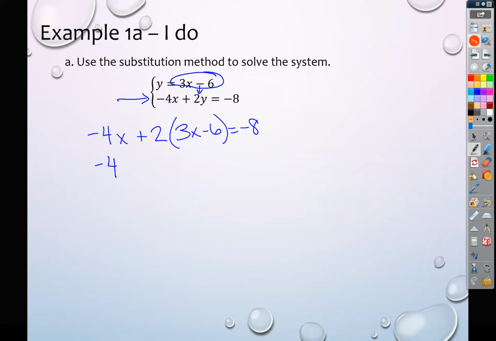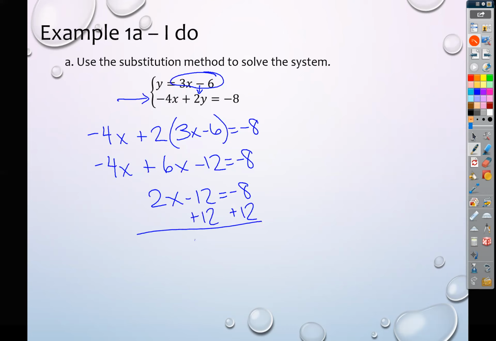Okay, so I get negative 4x plus, distribute, 6x minus 12 equals negative 8. Combine like terms, so 2x minus 12 equals negative 8. Add the 12, and you get 2x equals 4, so x equals 2. Once you've found that, you can plug it into any x.